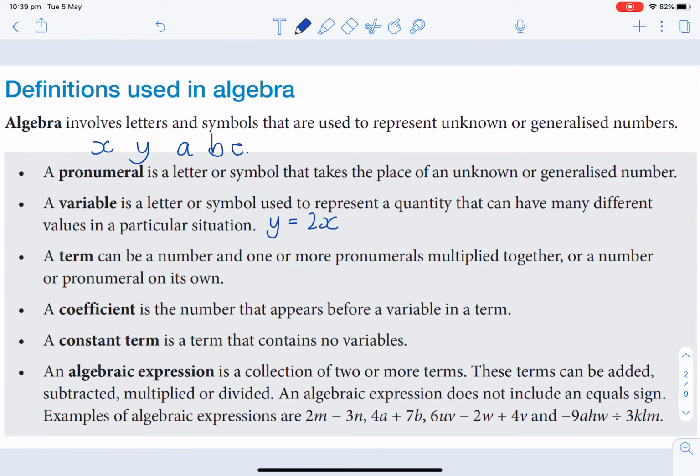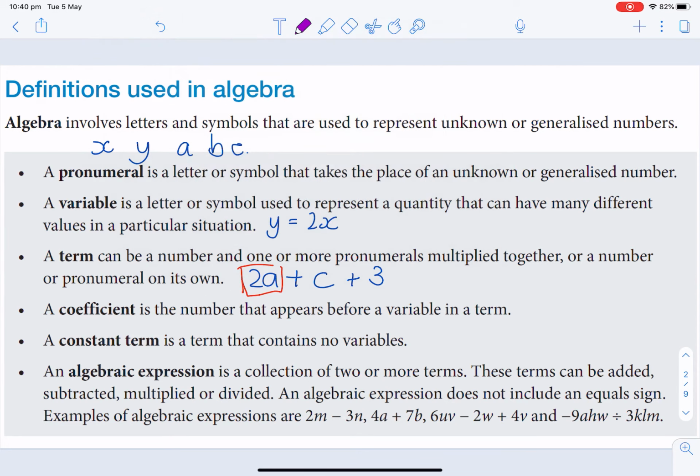A term can be a number and one or more pronumerals multiplied together, or a number or pronumeral on its own. So when we were talking recursion, we saw what the terms were. They were a number. In this instance, term is used slightly differently. If I said 2a plus c plus 3, that 2a is a term.